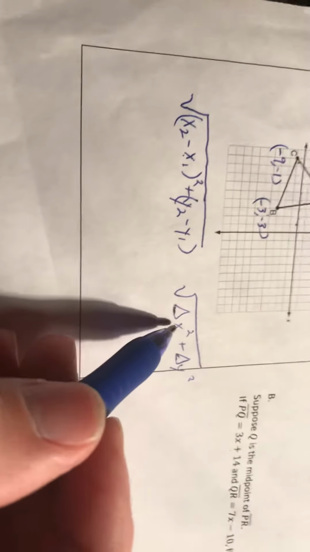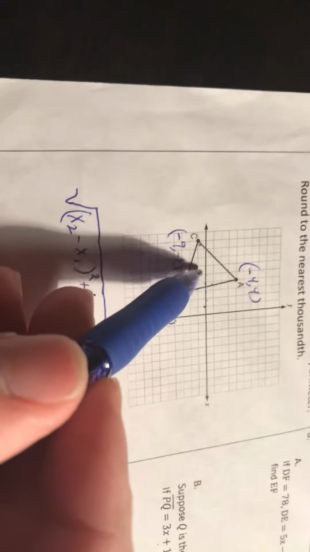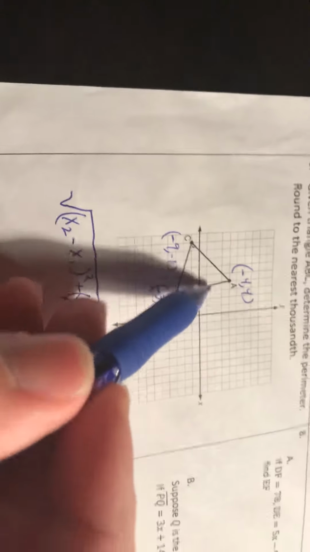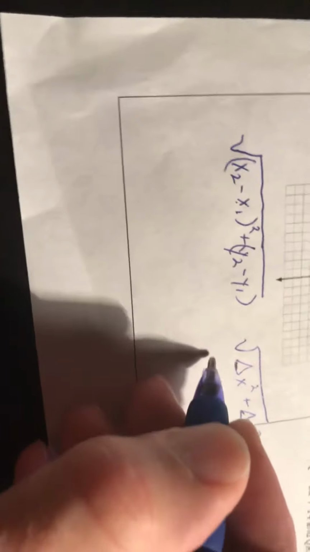If you want to use this, actually we're going to do this one first. So this is the change in the x value, so the distance from left to right. How far is negative 9 from negative 4? We just count 1, 2, 3, 4, 5. They're 5 units apart from left to right. So all we do is write 5 squared right there. Then we find out how far they are up and down. 1, 2, 3, 4, 5.